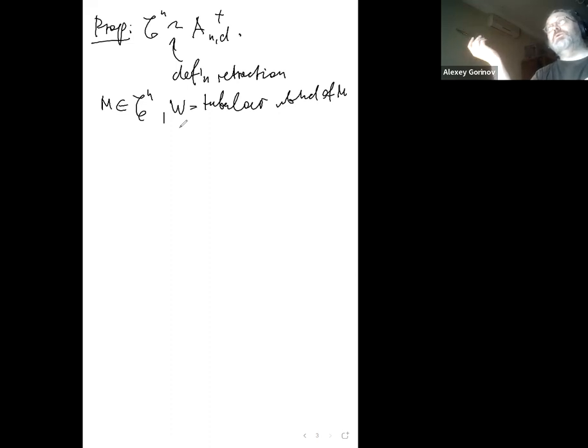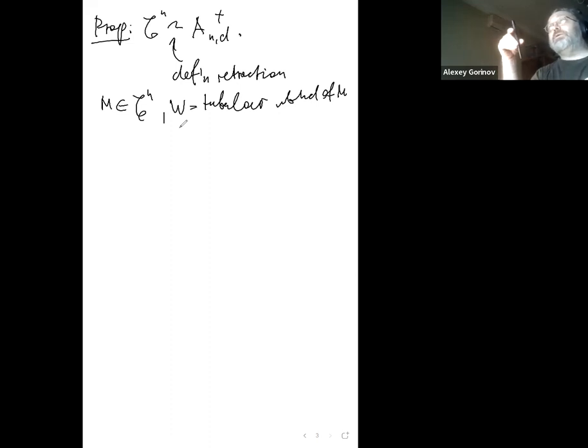I can take the normal bundle. Then I take a function on the manifold which decreases sufficiently fast at infinity.